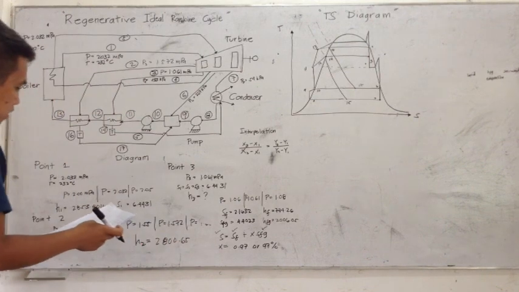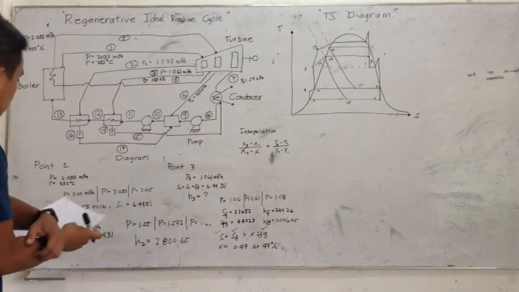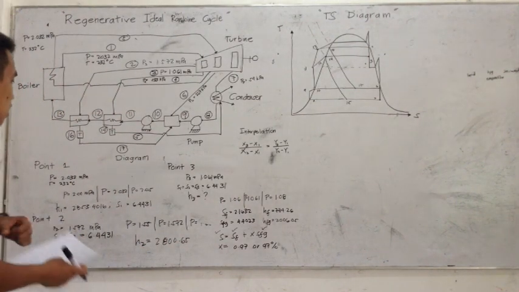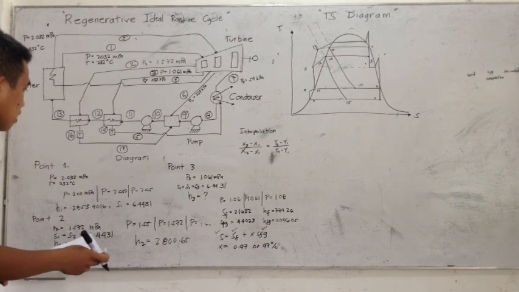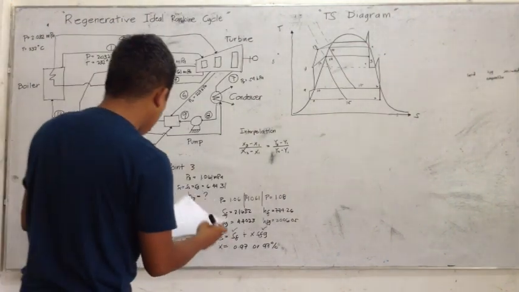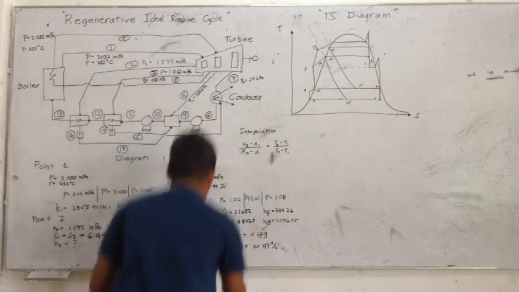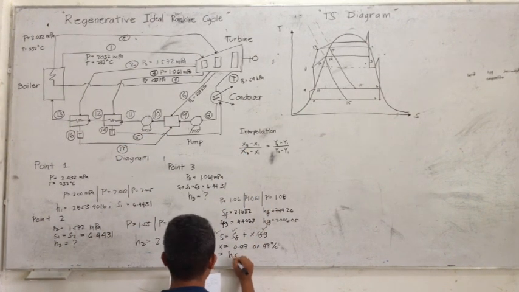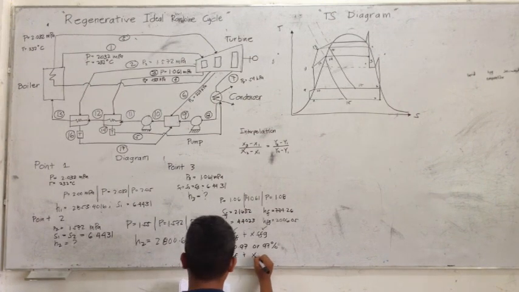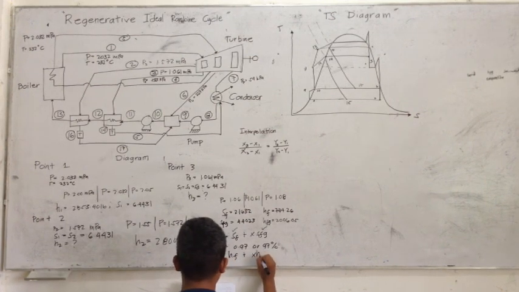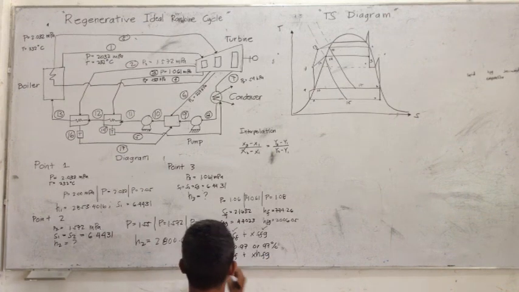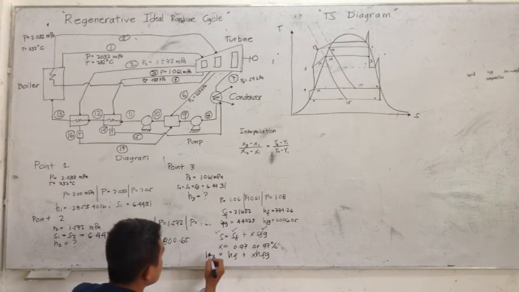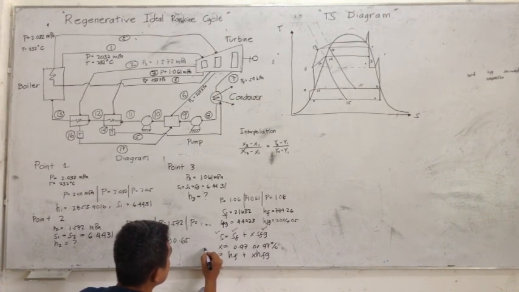So after that, you already have the quality of X. Go back to locating H3. H3 is equal to HF plus X HFG. H3 is the missing part, we don't have this.